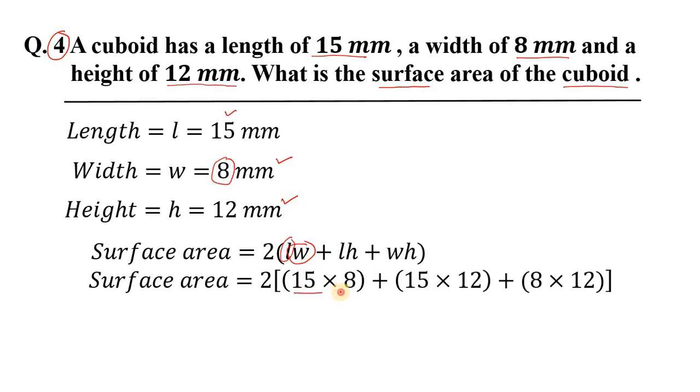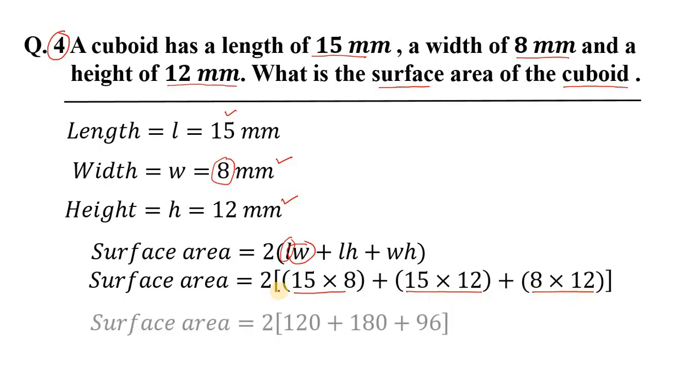So 15 multiply with 8, same like 15 multiply with 12 and 8 multiply with 12. After multiplication, 15 multiply with 8 we get 120 and 15 multiply with 12 we get 180 and 8 multiply with 12 we get 96.